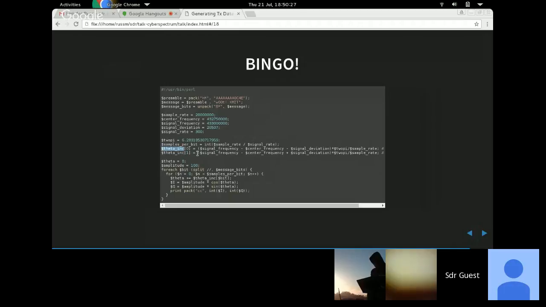Offset in radians per sample for 0 and 1 output bits. Again, it's the signal frequency minus the center frequency, so that's the offset of our transmit signal from 0 Hz of baseband, either plus or minus the deviation, and then multiply by 2 pi, divide by the sample rate to get that in radians per sample.